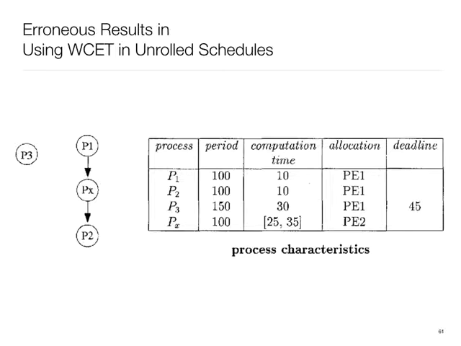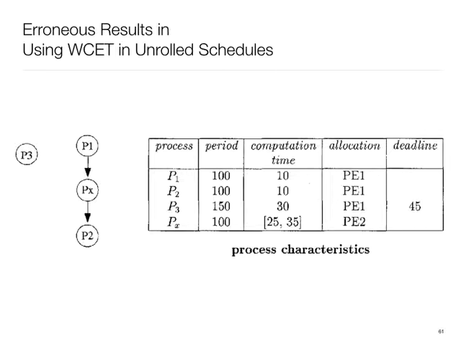And P3 has a different period, 150, and a computation time of 30. Let's say our proposed mapping is that P1, P2, and P3 are put on processor number 1, and Px is put on processor number 2. And finally, I only care about P3's deadline. So P3 has a deadline of 45.